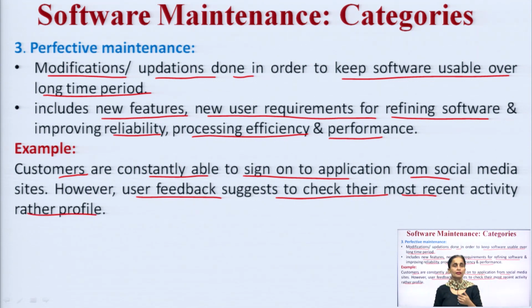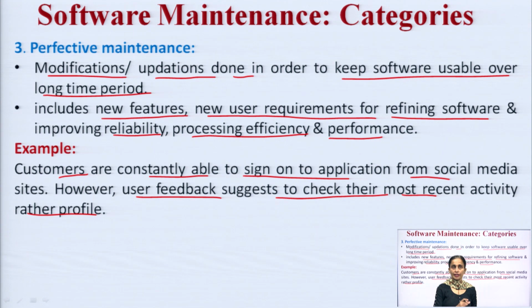Here we have taken the same example as in the previous maintenance types, corrective and adaptive, meaning the software is launched, given to the users, and the users are able to log in to the software application from the social media account.